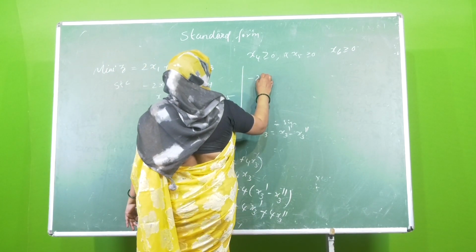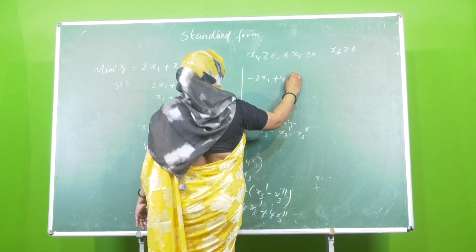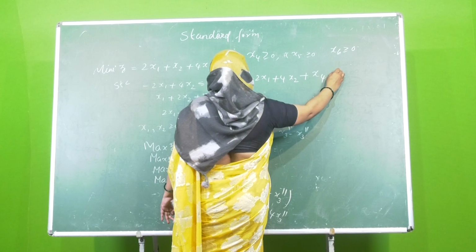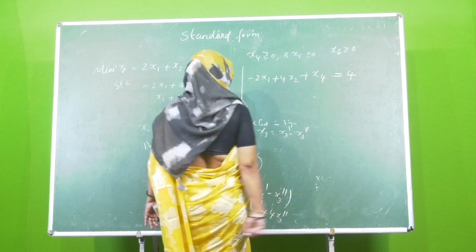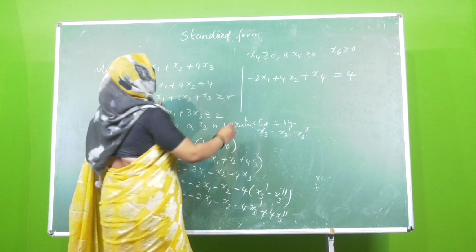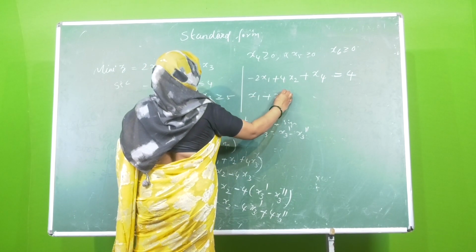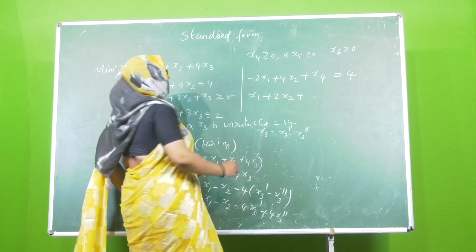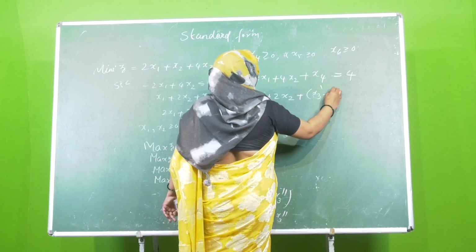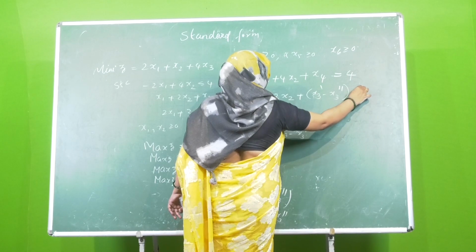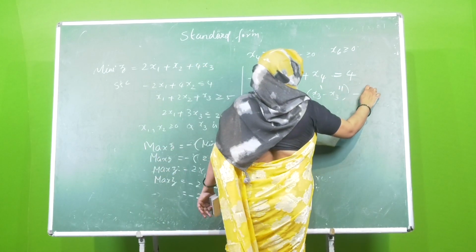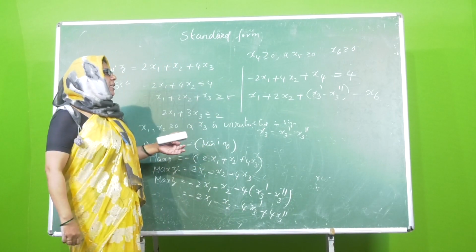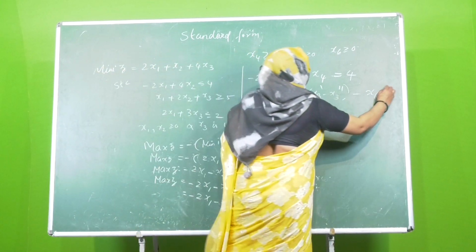So minus 2x1 plus 4x2 plus x4 is equal to 4. Next, x1 plus 2x2 plus x3, which is unrestricted, so x3' minus x3'', minus x6. Slack variable with plus and surplus variable with minus, is equal to 5.